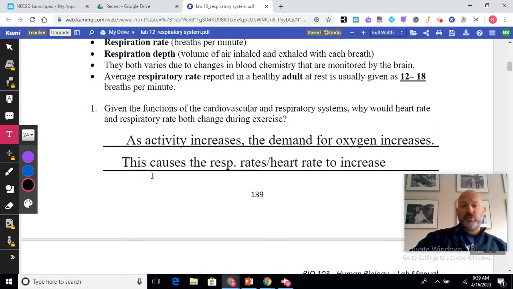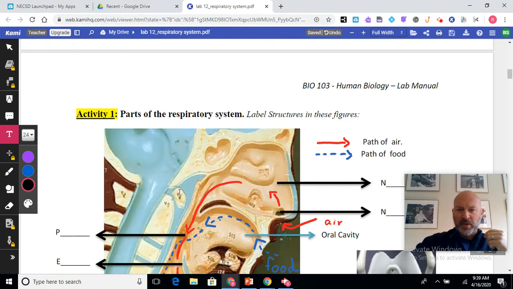And the same thing would be true if activity decreases. The demand for oxygen would decrease, and then respiratory rate would decrease, and cardiac rate would decrease as well.